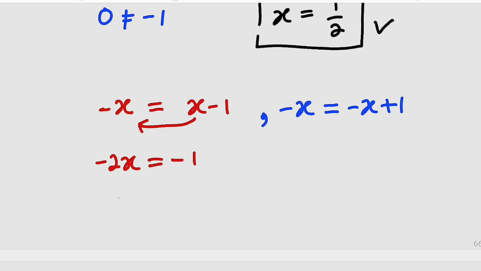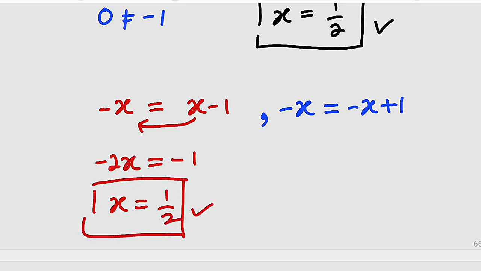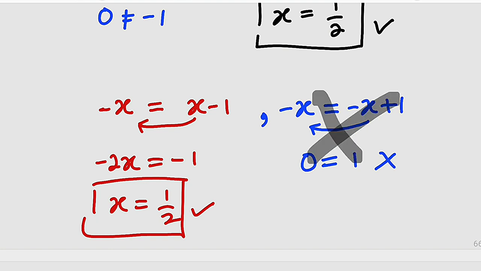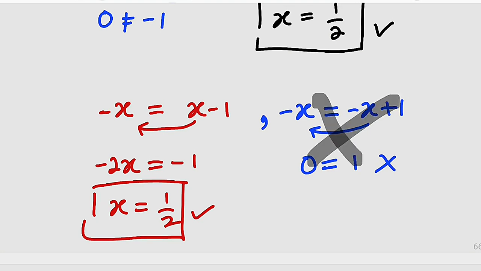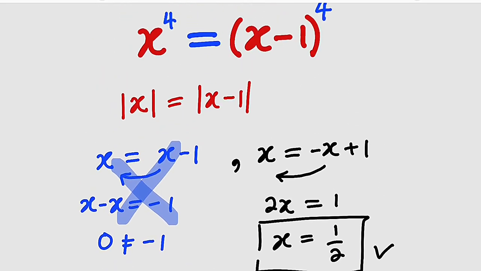Divide both sides by negative 2. x equals 1 divided by 2. And we have already seen that 1 divided by 2 is a solution. Coming here, as this comes to the other side, it becomes positive. You have negative x plus x, which is 0, equal to 1, which is not true. Therefore, we are going to discard this solution. Therefore, the only solution found so far is 1 divided by 2.